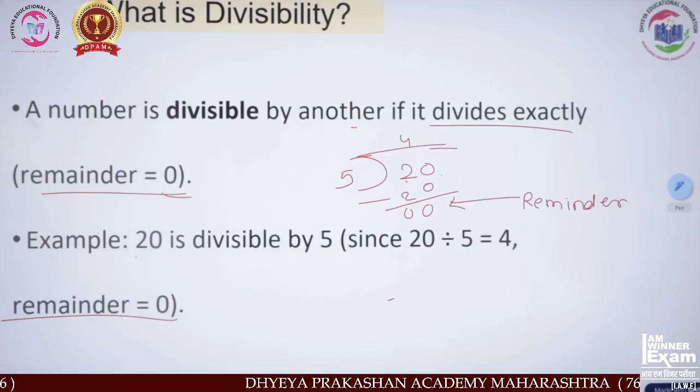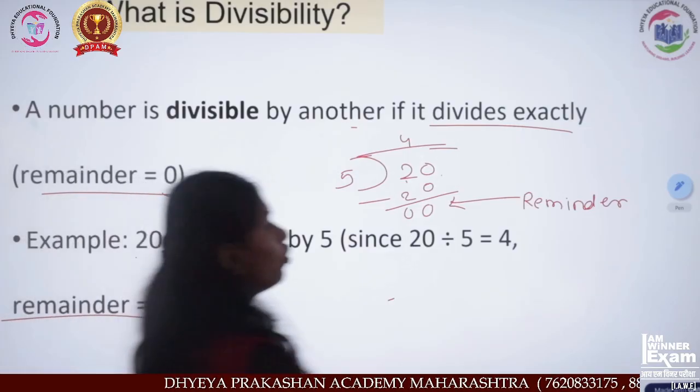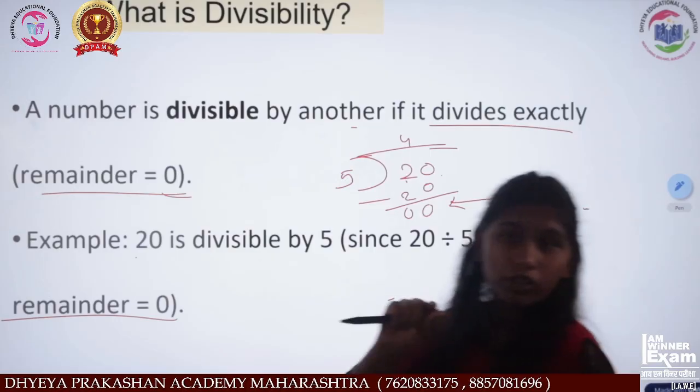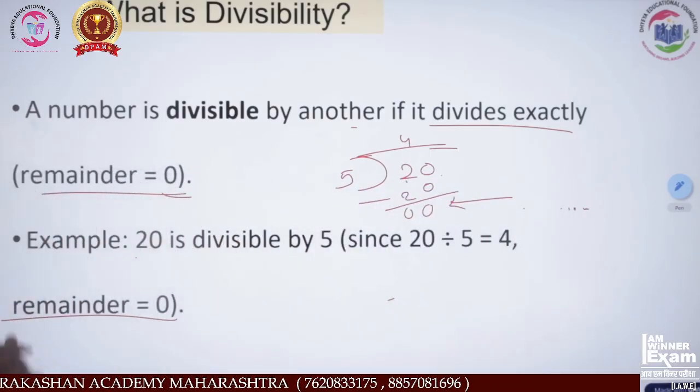We got the remainder as 0. That means the number 20 is completely divisible by 5.